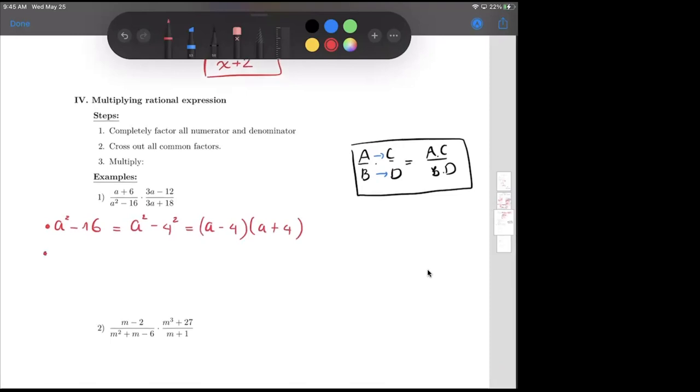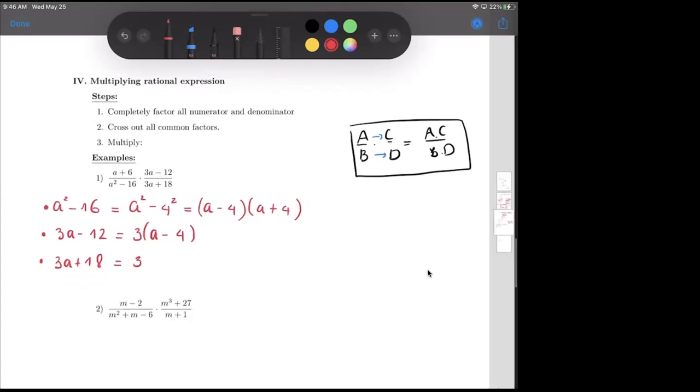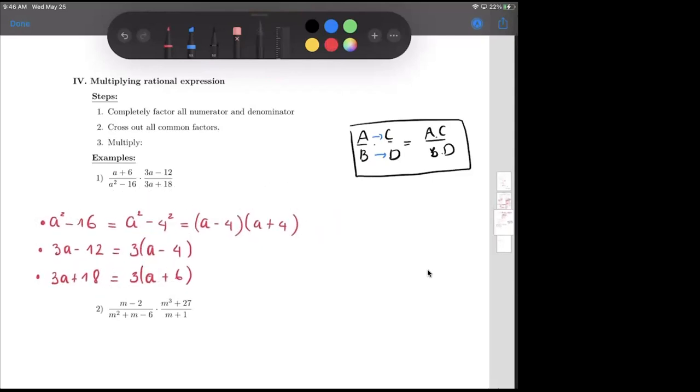And then the next one would be 3A minus 12. I can factor out the 3, so it becomes 3 times A minus 4. And the last one, 3A plus 18. I can factor out 3. What's left is A plus 6. And now I plug them back. Let me write this in blue.